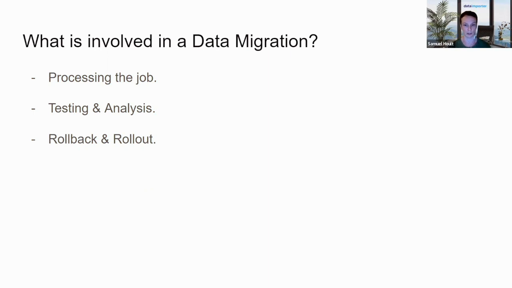Processing is pretty straightforward, like I said, actually doing the job. Testing and analysis is more around checking that what you expected to happen has happened. And rollback and rollout is about communication with people, how you can let them know whether something's gone right or wrong, and the steps you can take to reverse things when they do go wrong.